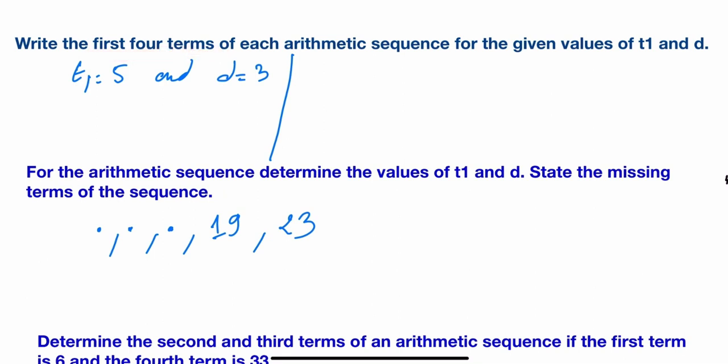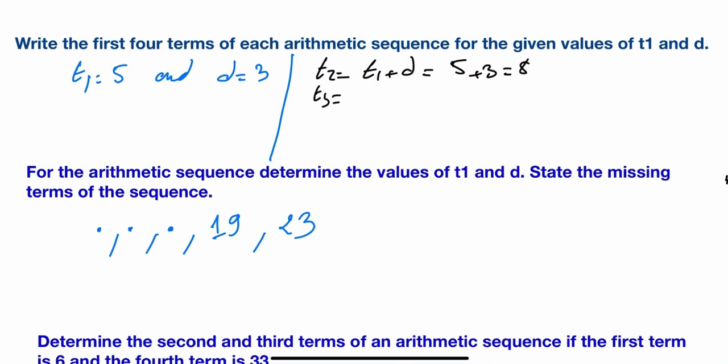So we need T2, T3, T4. So we have T1, and T2, because we have D, we can directly write T2 is T1 plus D, which is 5 plus 3, which is 8.